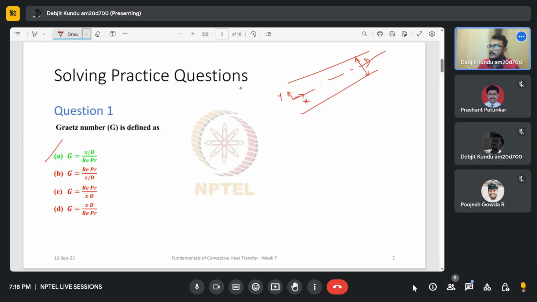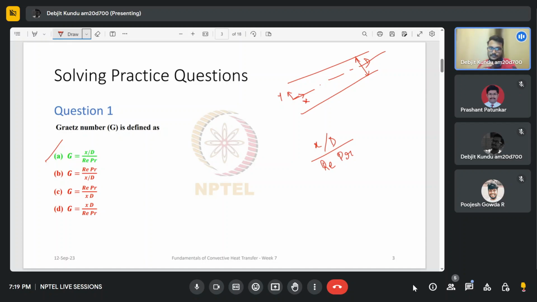So x over d is the non-dimensional axial distance, and we divide it by Reynolds number into Prandtl number, which is representative of the distance of heat transfer.